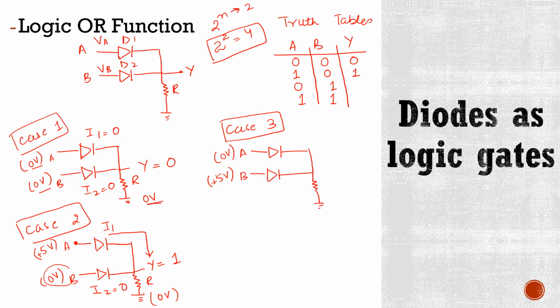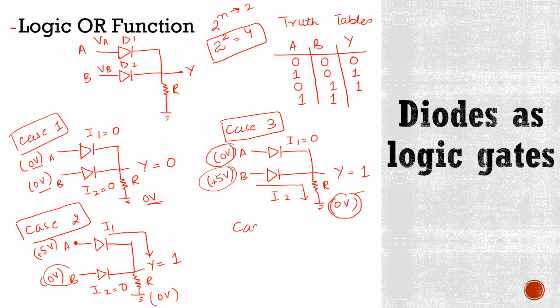So this is R, this is ground which is having drop of 0 volts, this is Y. Now in this case I1 is 0 because we know that terminal A and ground they have same potential, so no current will flow here. But when we look at terminal B, here current I2 will flow in this direction, that is from this higher potential to this lower potential. So here there will be some output, it means the value of Y is 1.